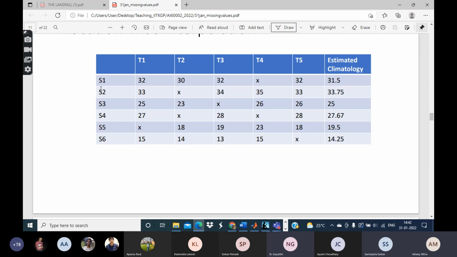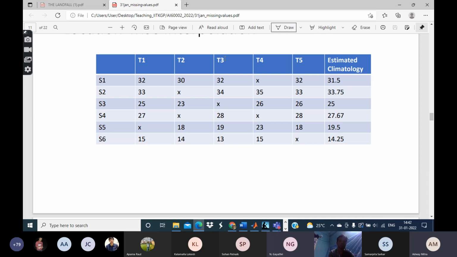But still, by looking at the values, we have identified that s1 and s2 always have similar values, so probably they are neighbors. Similarly, s3 and s4 are probably neighbors. S5 and s6 are probably neighbors. So when I try to estimate this missing value, I will take the help of only s2, because s2 is the only neighbor of s1, not any of the remaining ones.